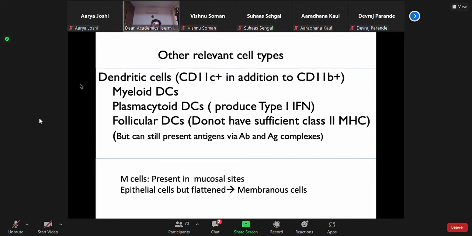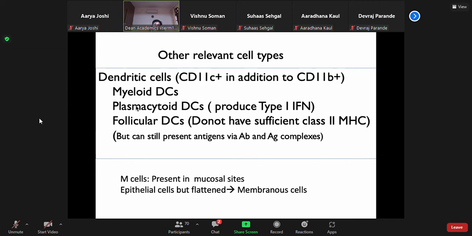What do they express on their surface? This marker that we call CD11C, in addition to CD11B. That is why some people still call dendritic cells modified macrophages, because they express CD11B and in addition started to express CD11C.